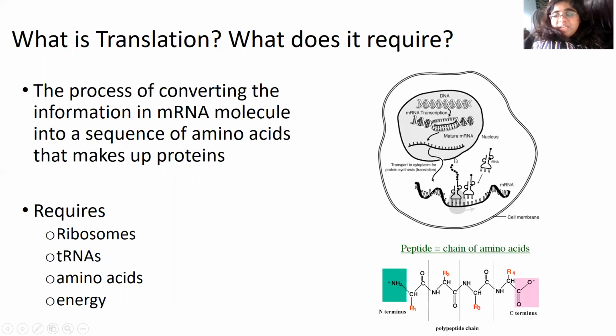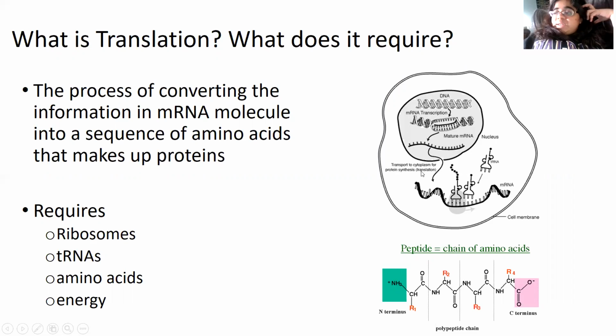So in this case, we have DNA going to mRNA. That was our transcription part, right? Then we convert that into mature RNA, which is our RNA processing step. Now we're going to talk more about how this actually occurs with transporting it.